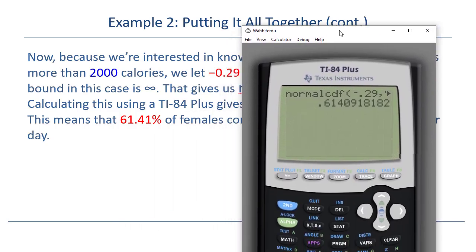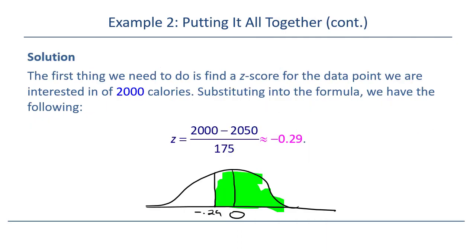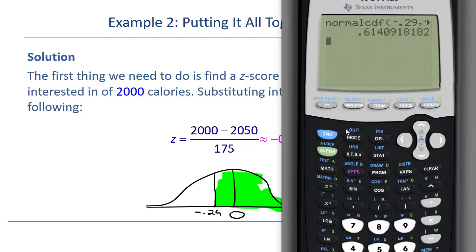Now here is a nice little thing that these calculators do. You don't have to convert them to z-scores. You can go back to just the raw data. Because you'll notice in that formula, it asked us for the mean and standard deviation. It defaulted to 0 and 1.